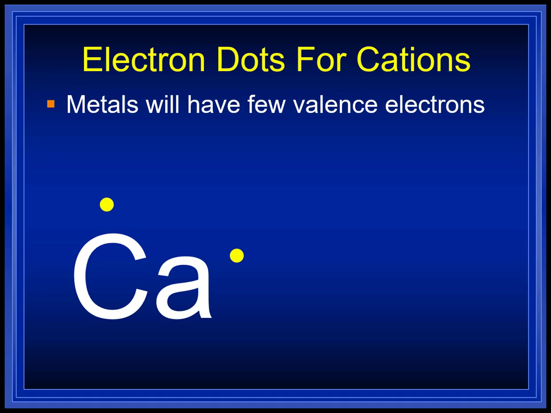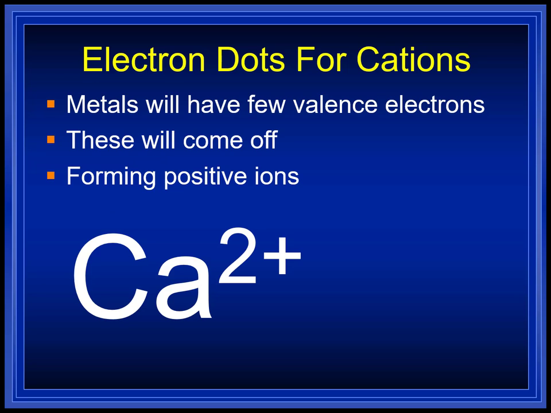That's why. So you're always going to have just a few, and they come off. So we draw arrows showing them leaving. And they will lose all of them. So since calcium had 2 valence electrons, and it loses both of them, you end up with a calcium with a 2+ charge.